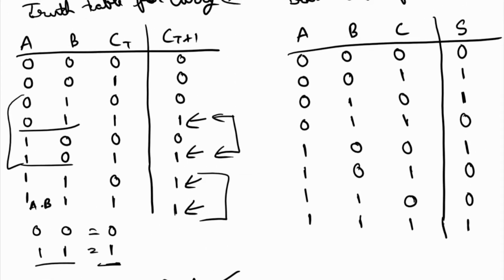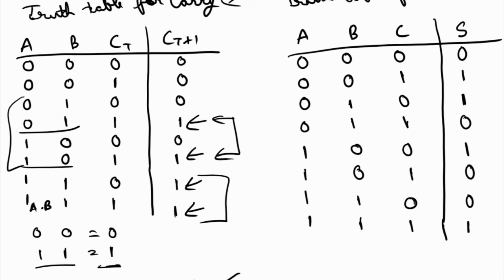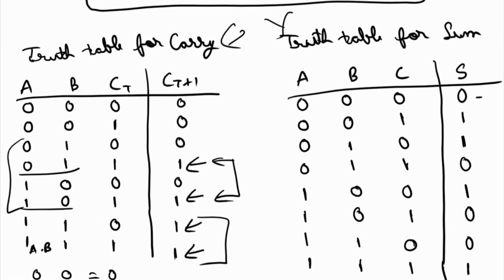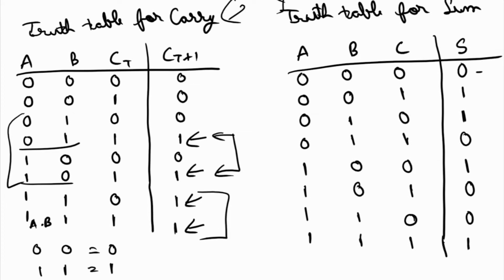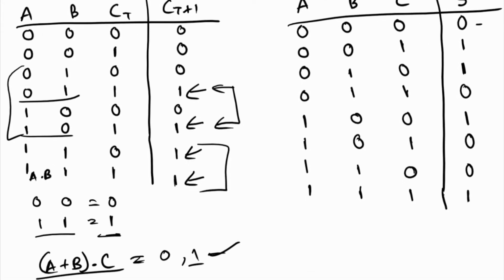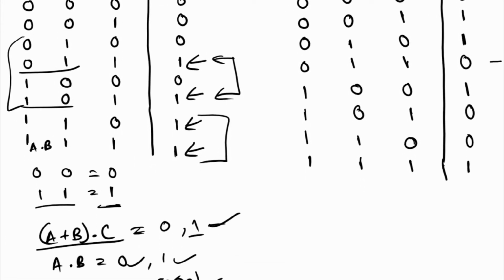Now we'll look at the sum diagram. We can see directly that when there is one 1, our sum will be 1. When there are two 1s, our sum is 0. Why?